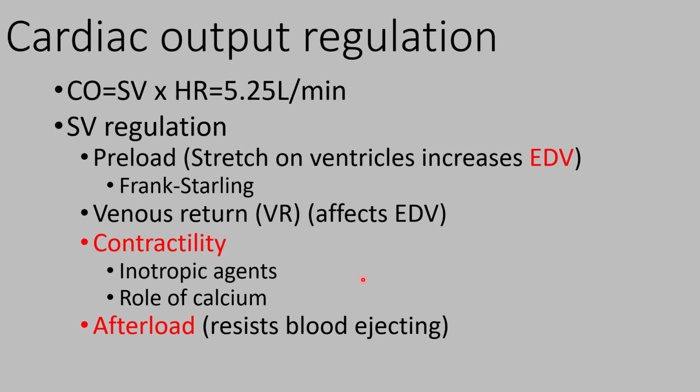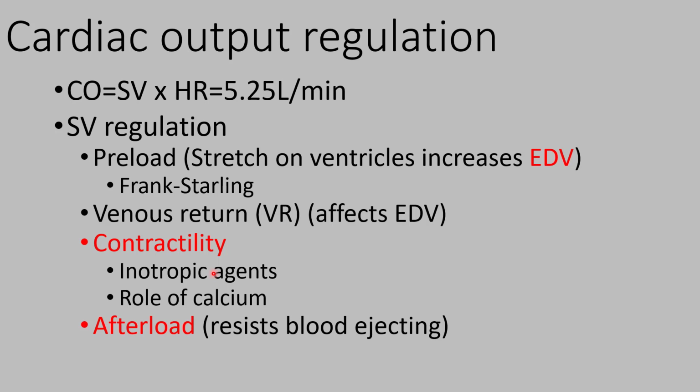So we can say the one with more calcium has greater contractility. Anything that affects how hard a muscle contracts at a given degree of stretch is called an inotropic agent. Another way to say that is anything that increases or decreases contractility is called an inotropic agent.